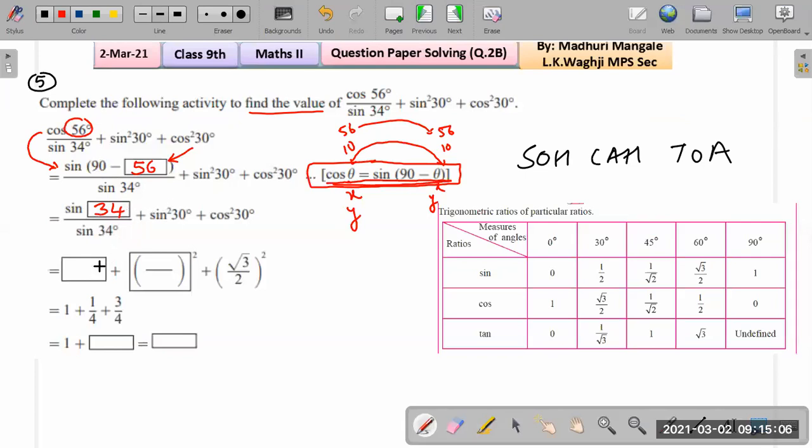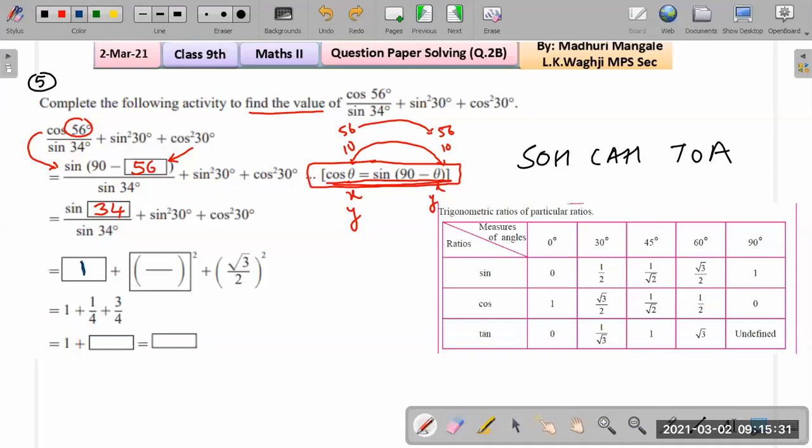Now the next one: sine of 34 divided by sine of 34. When the numerator and the denominator are the same, they simply cross out and equal 1.